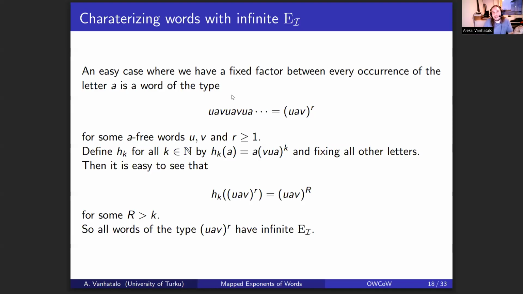And one way this happens is with words where we have some fractional repetition of a word where there is only one A, like UAV, where this U and V have no A's in them. And then we have R here. So this is one type of word where this necessary condition holds.